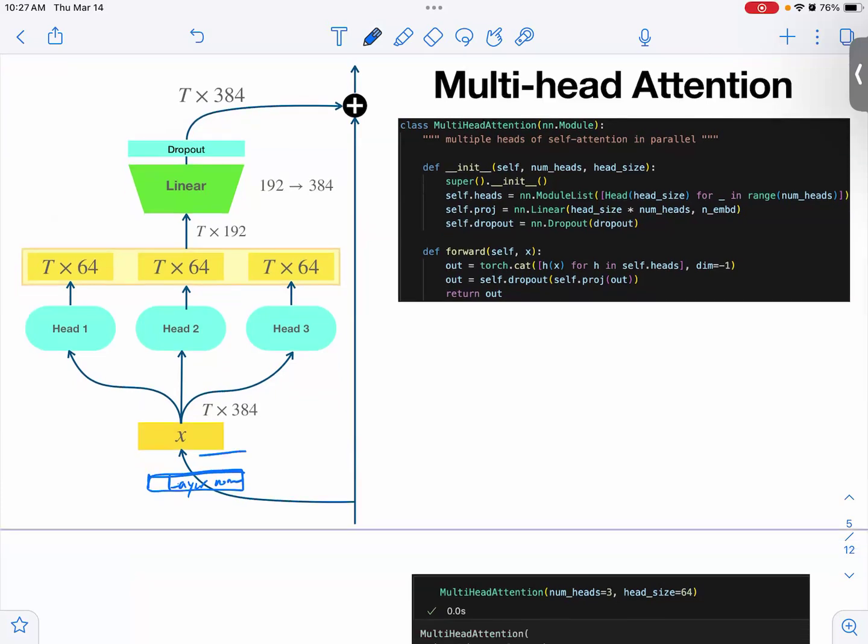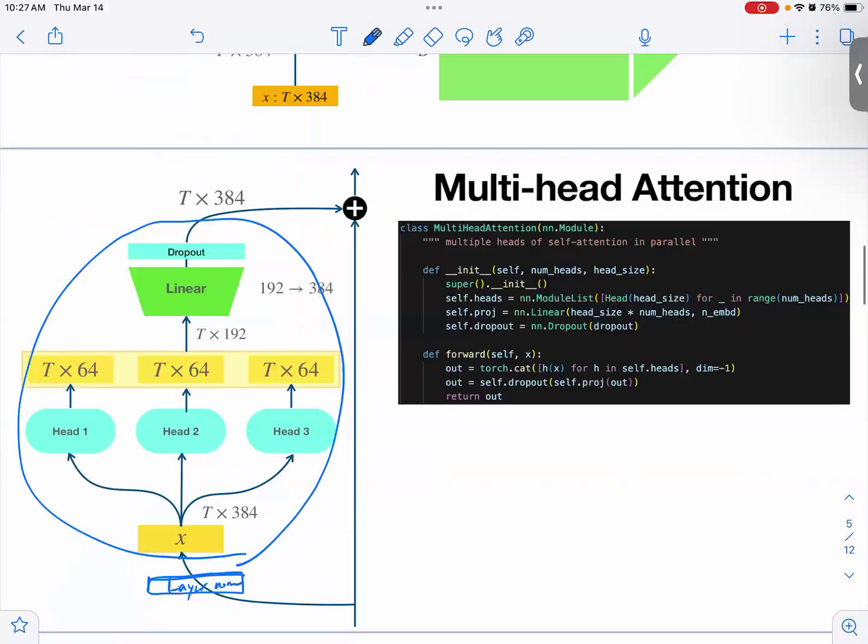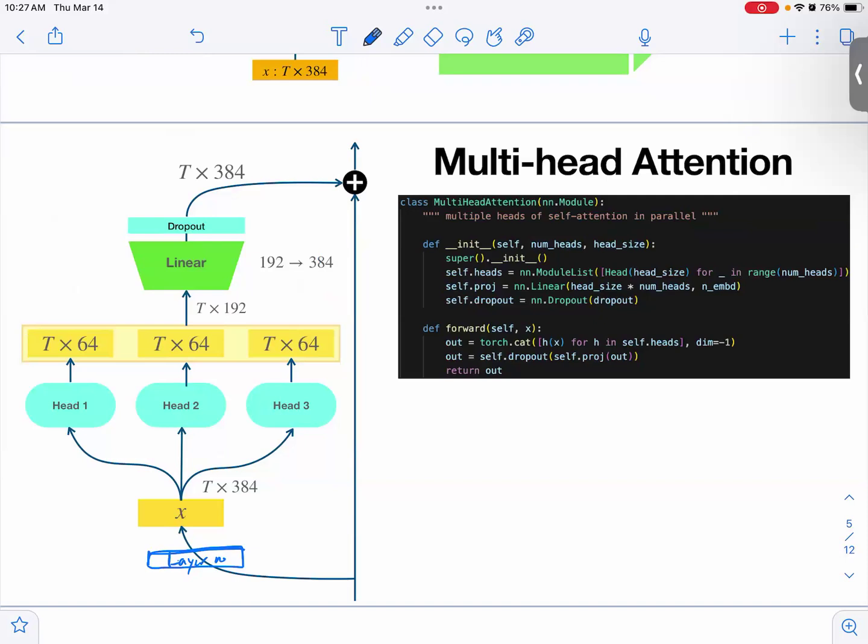So layer norm, multi-headed self-attention, and then it moves it back. The head part is also an interesting idea, which I don't know is necessarily needed, but it works in parallel. You do each one of these multiple times. So there's some operation going on in parallel, and then sequentially.